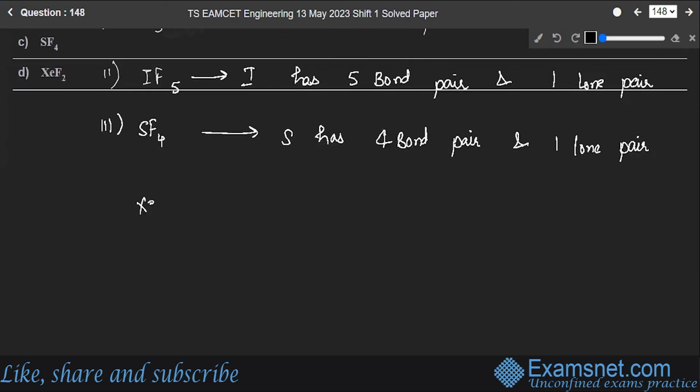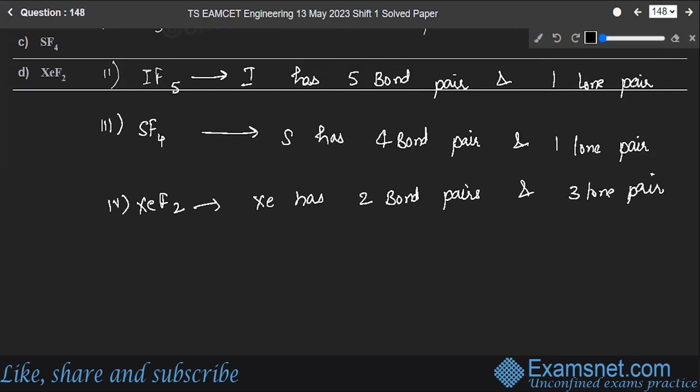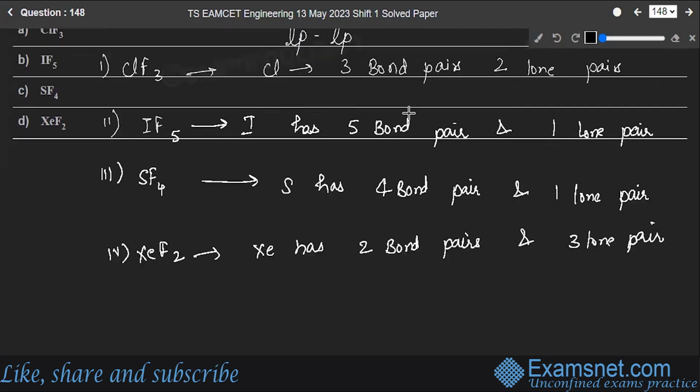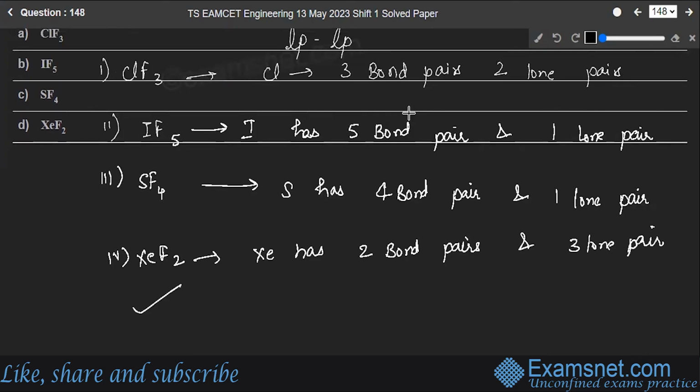Then is XeF2. It has 2 bond pairs and 3 lone pairs. So lone pairs are maximum in Xe, because this is having 3 lone pairs. Therefore, the maximum lone pair repulsion will also occur in this. You have D option as the correct answer.